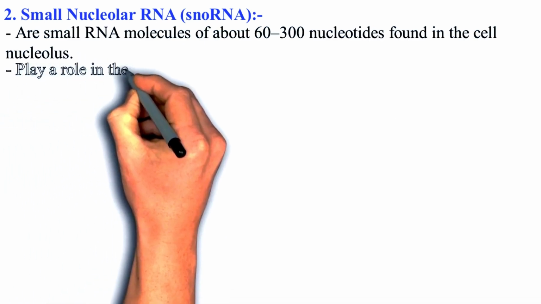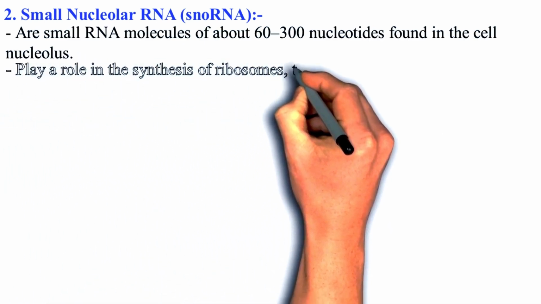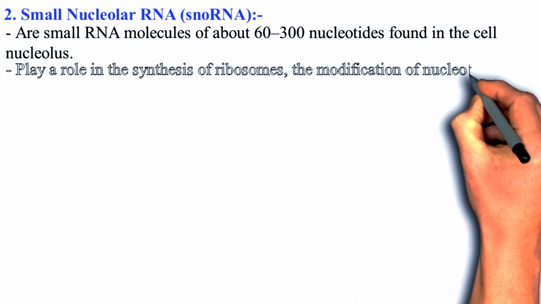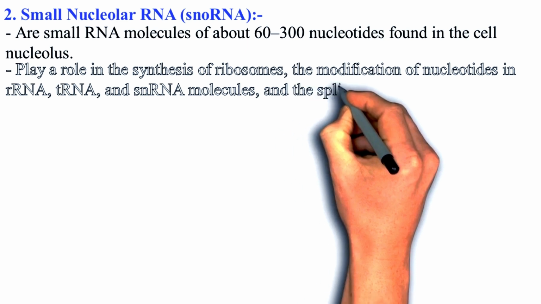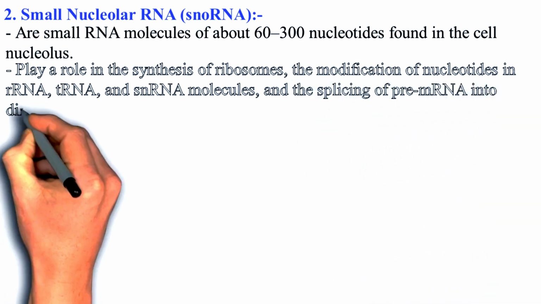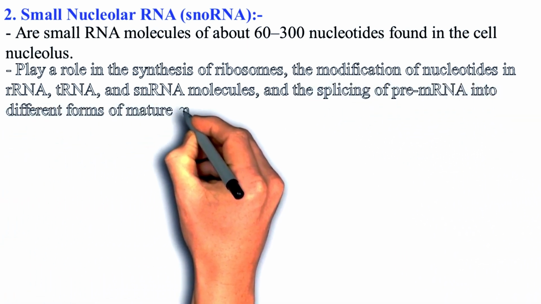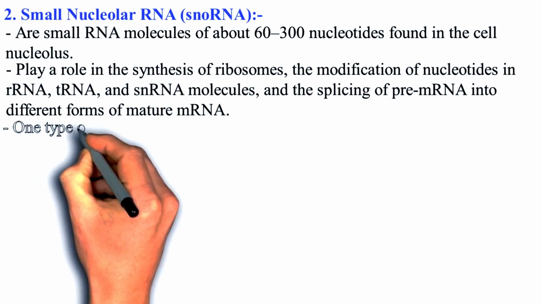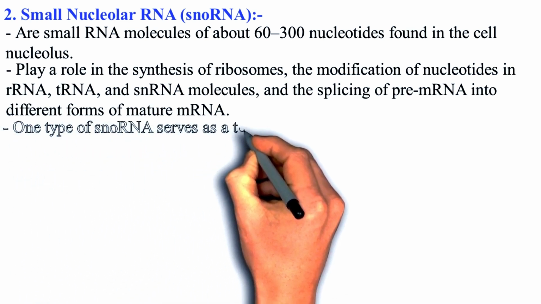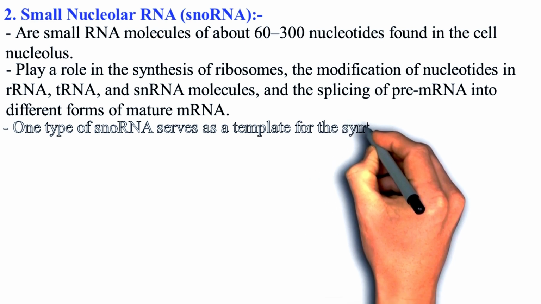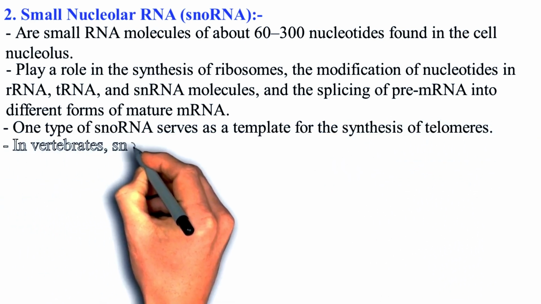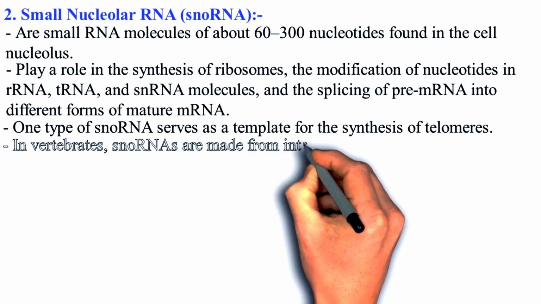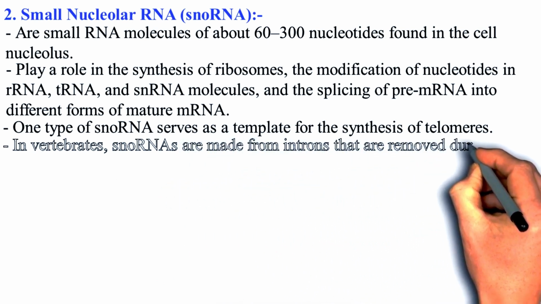They play a role in the synthesis of ribosomes, the modification of nucleotides in rRNA, tRNA, and snRNA molecules, and the splicing of pre-mRNA into different forms of mature mRNA. One type of snoRNA serves as a template for the synthesis of telomeres. In vertebrates, snoRNAs are made from introns that are removed during transcription.